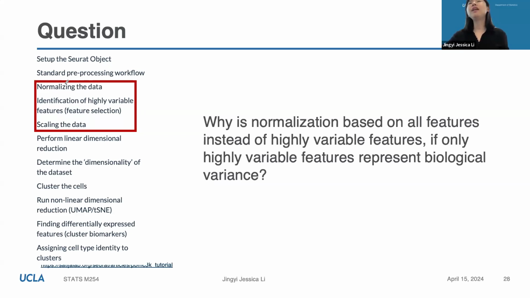For bulk data, I think it makes sense to normalize the total library size to be equal because you don't have absolute values that are comparable. You can only compare relative values of genes within the sample. So total library size normalization lets you look at relative expression instead of absolute expression, because you don't have that information anyway.